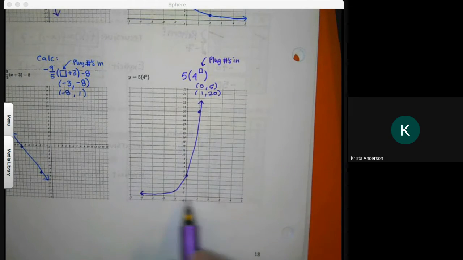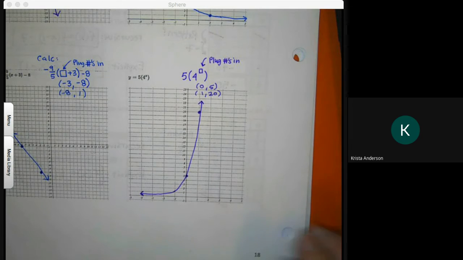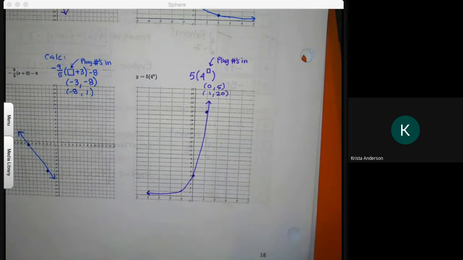And it won't go past the x-axis. It'll flatten out above it. Any questions?